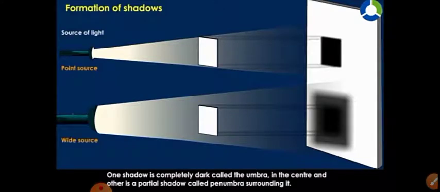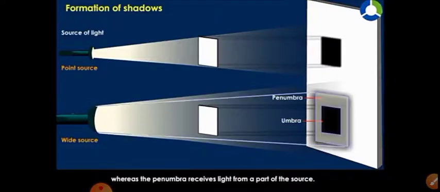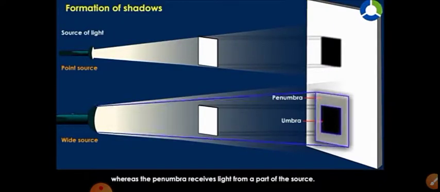One shadow is completely dark, called the umbra, in the center, and the other is a partial shadow called the penumbra surrounding it. Notice that the umbra does not receive any light from any portion of the source, whereas the penumbra receives light from a part of the source.